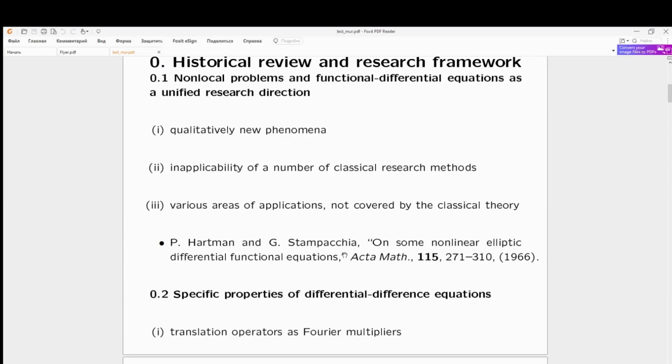What is important for this class of functional differential equations? First, translation operators are Fourier multipliers, as differential ones are.